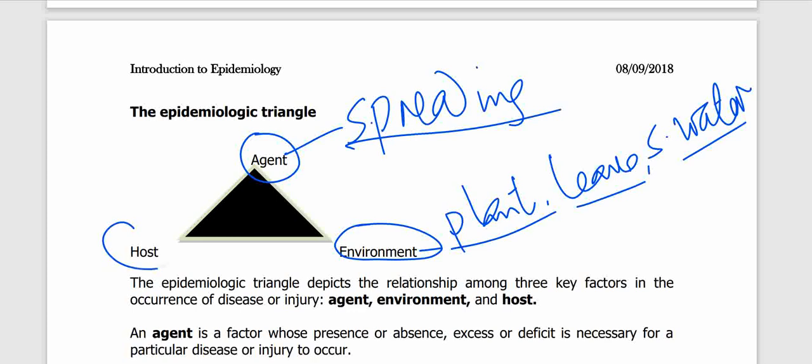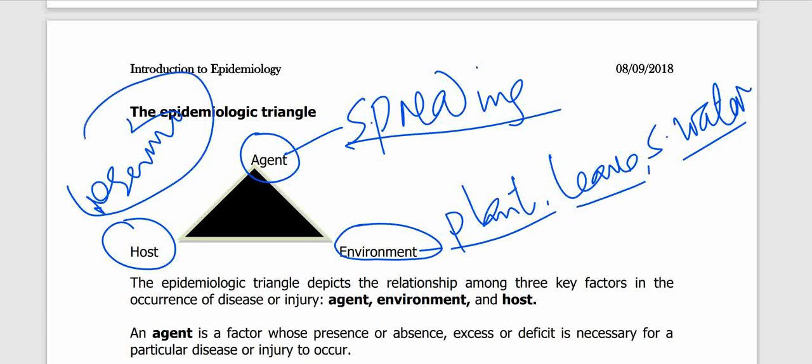And then also, there's what we call the reservoir. So the host now, it is what will give a breathing place inside the environment to ensure that the disease has spread.